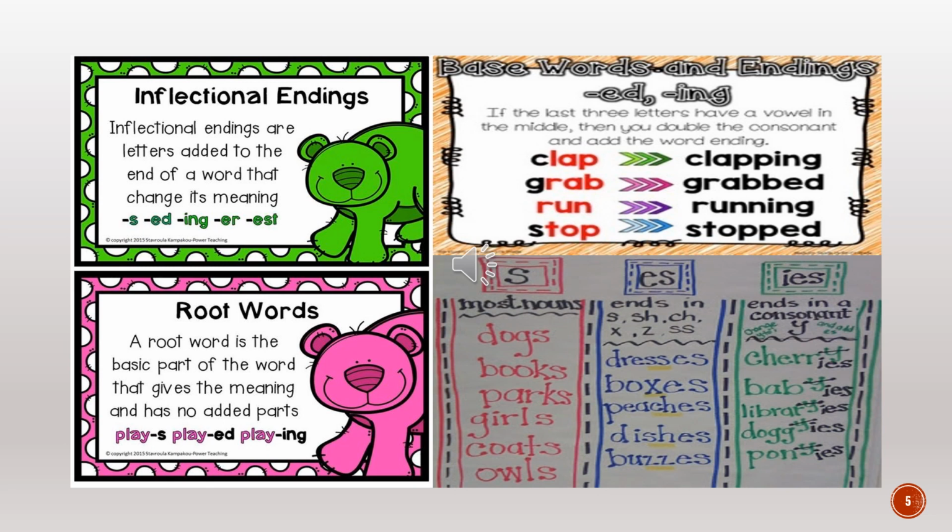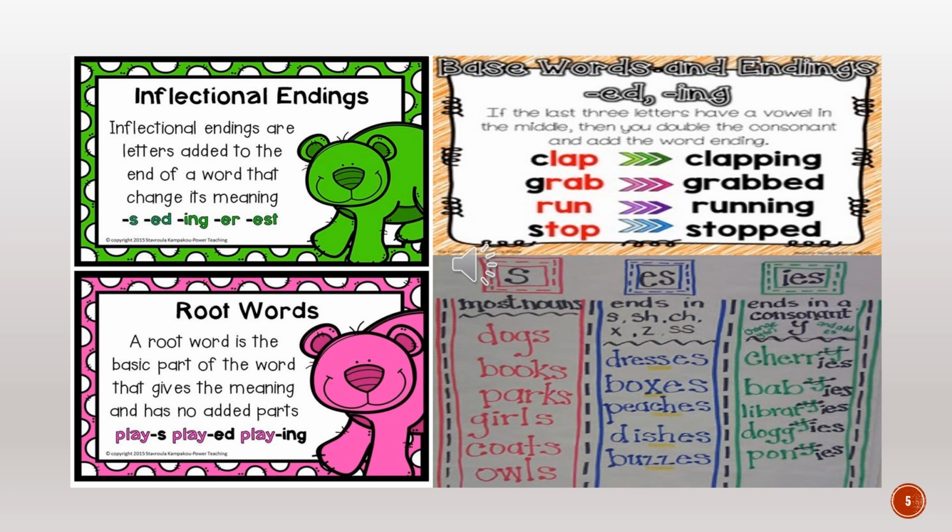The base word right here is play, and you add the inflectional ending S, and then you have plays. You add the inflectional ending ED, and you have the word played. Inflectional ending ING, and you have the word playing. Now, remember, when you have a base word that is going to end in ED and ING, if the last three letters have a vowel in the middle, then you double the consonant and add the ending.